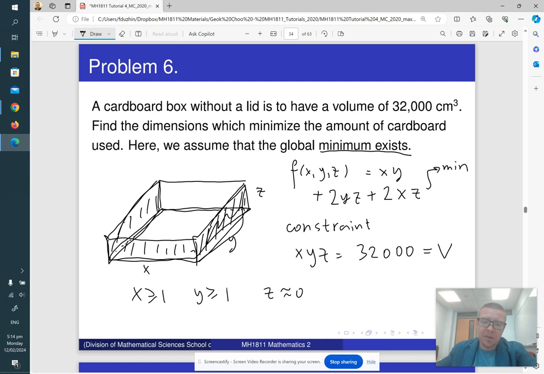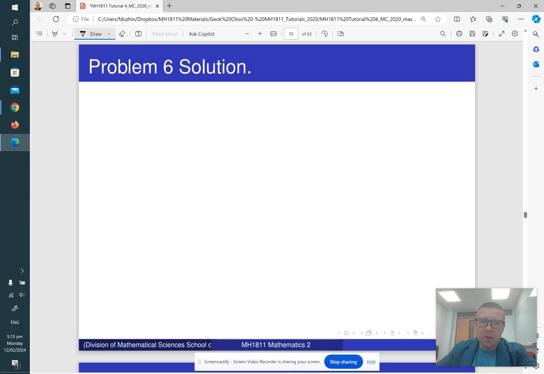But if z is small enough, then the volume is still small. So which means that the amount of cardboard used can be very large, right? And it's not bounded from above, so there is no maximum here. Okay, it is true that the minimum exists, but we are not even required to prove it, so we'll just take it for granted, and we will just solve the question. All right.